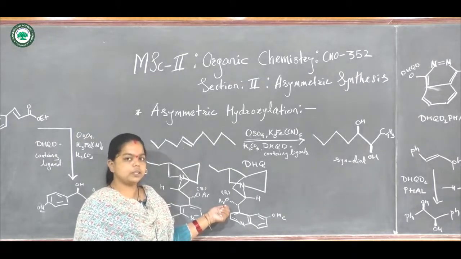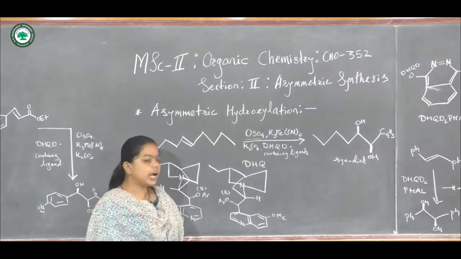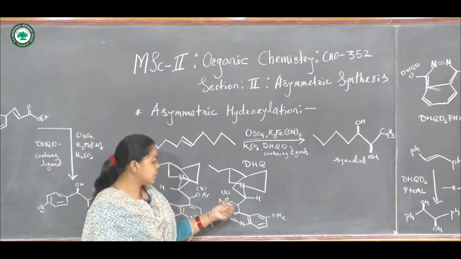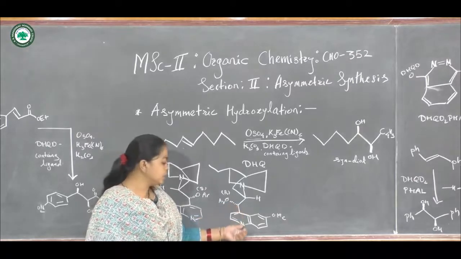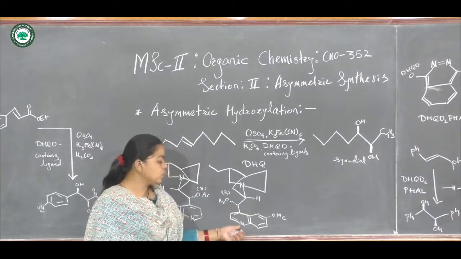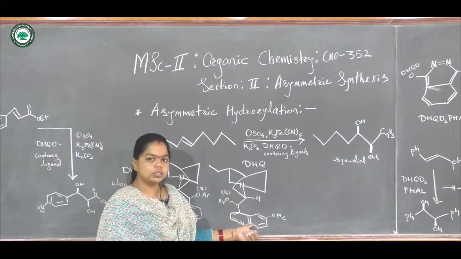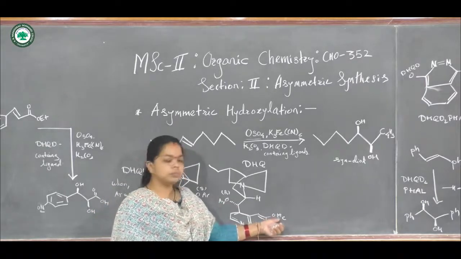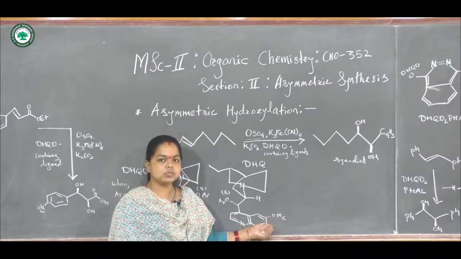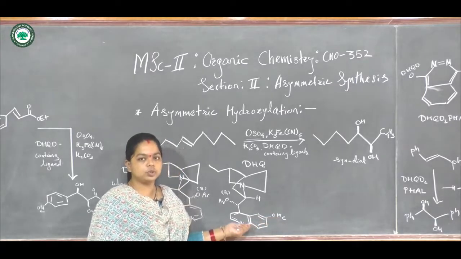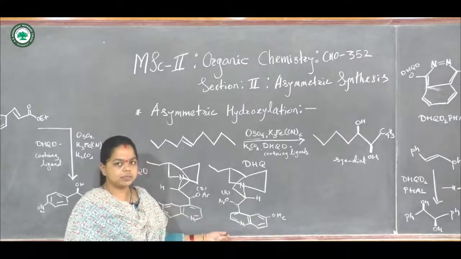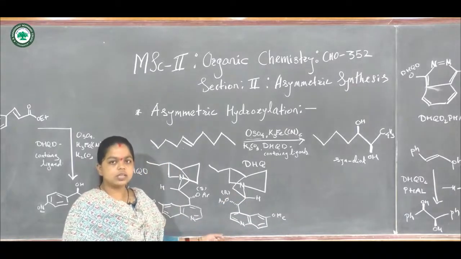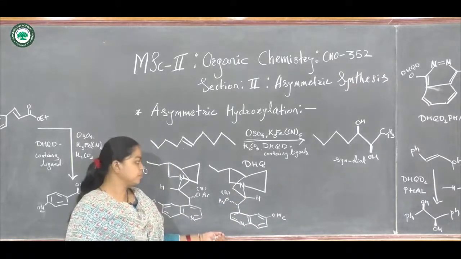When Ar is hydrogen, it is called the dihydroquinine compound, and this compound has the R configuration at this chiral center, and further it is attached to the quinoline. This is quinoline, and at the beta position a methoxy group is present. So this is the structure of dihydroquinine. It is sterically hindered and a very complex molecule, so it will introduce the chirality in the substrate.